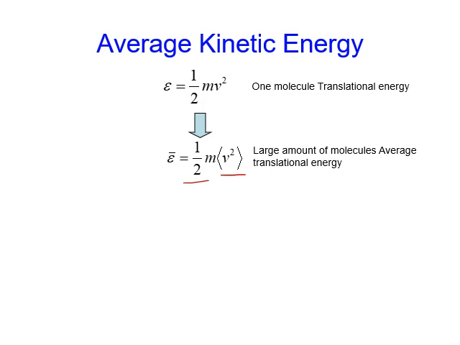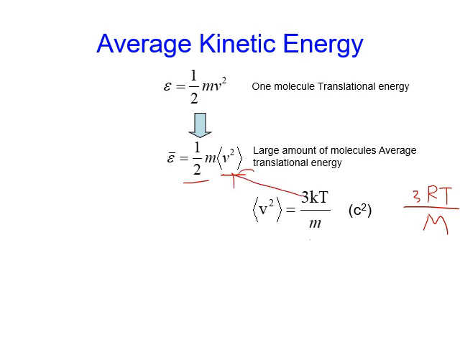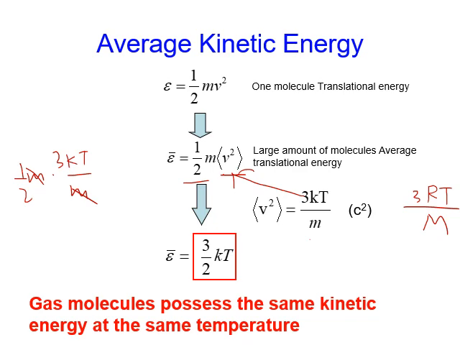The mean square speed, we just derived, is 3kT over m, or 3RT over M. So plug in here. What you have is half m times 3kT over m, so we have 3 over 2 kT. So the average kinetic energy is 3 over 2 times kT, and this is a very important equation.